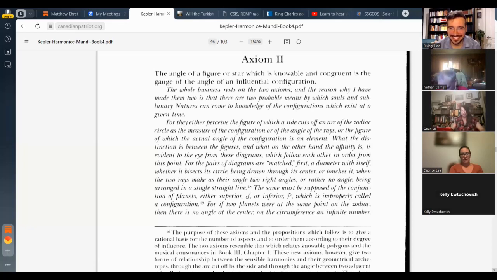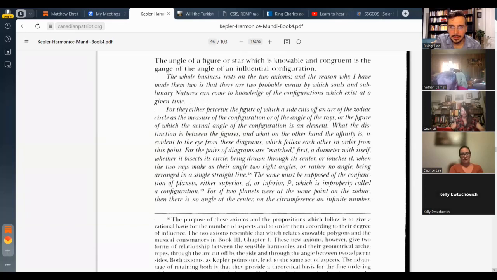Okay. For they either perceive the figure of which a side cuts off an arc of the zodiac circle as the measure of the configurations, or of the angle of the rays, or the figure of which the actual angle of the configuration is an element. What the distinction is between the figures and what, on the other hand, the affinity is, is evident to the eye from these diagrams, which follow each other in order from this point. For the pairs of diagrams are matched.